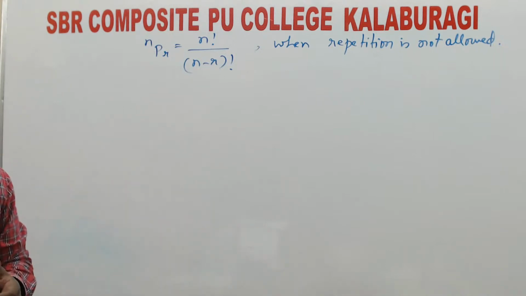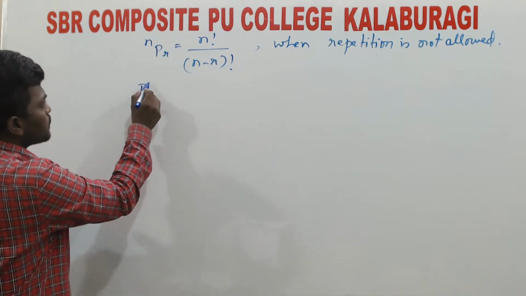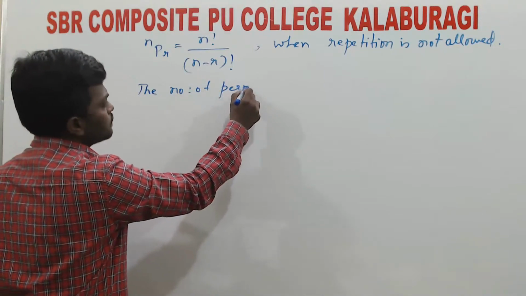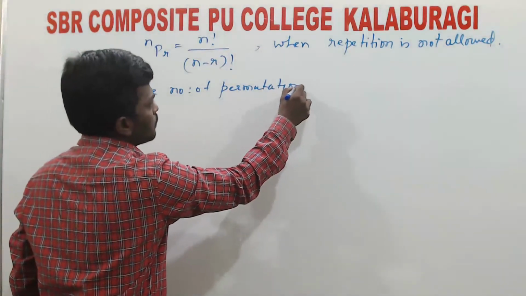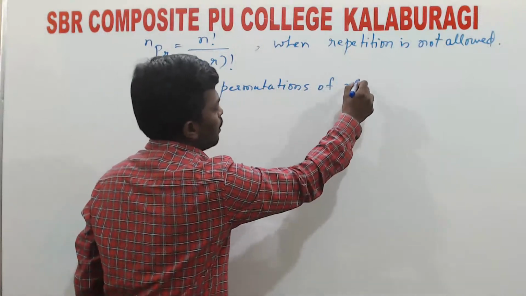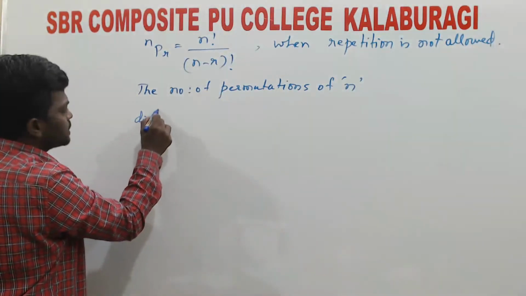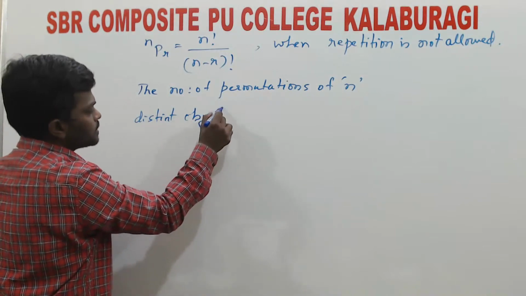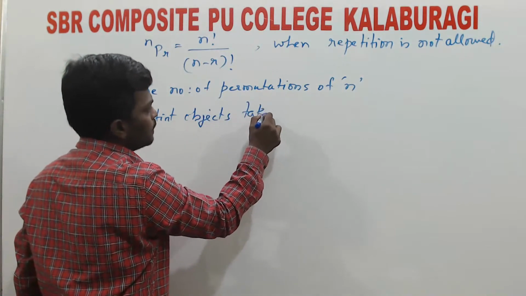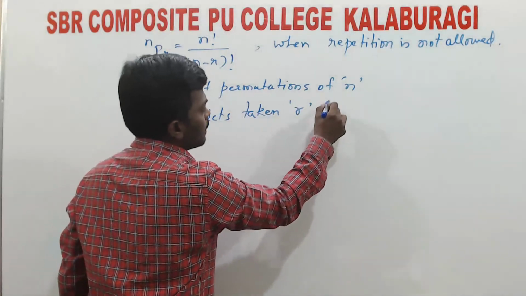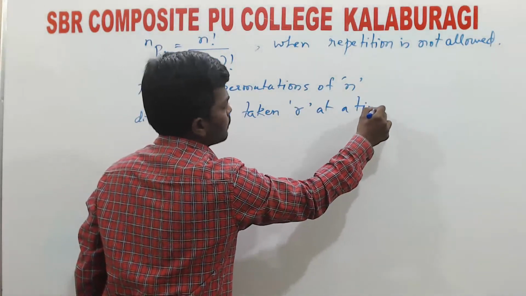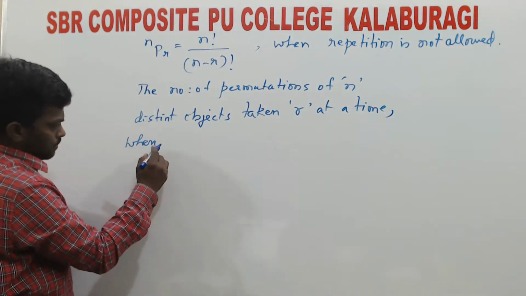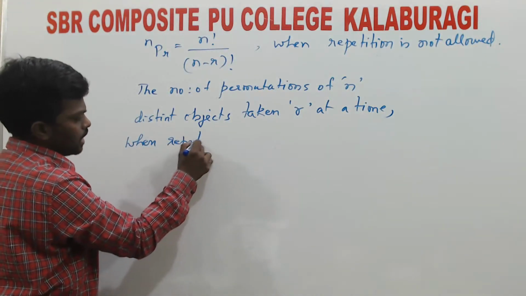So what is that? The number of permutations of n distinct objects taken r at a time when repetition is allowed.